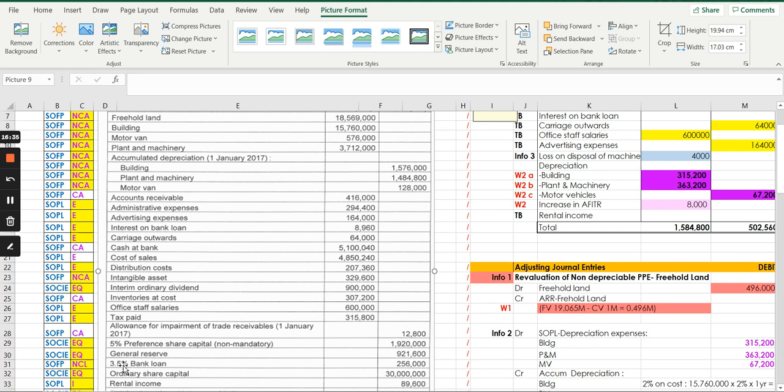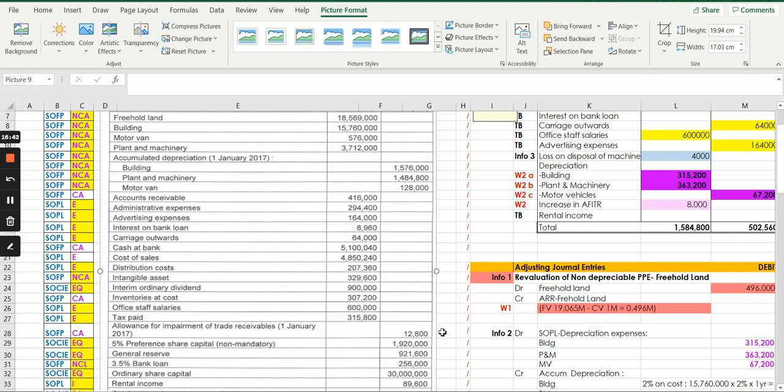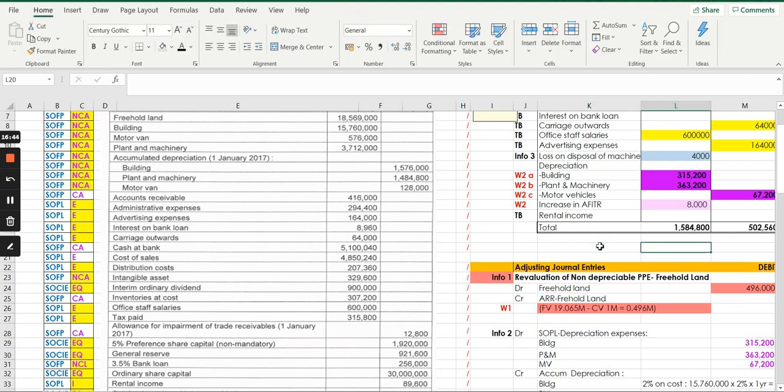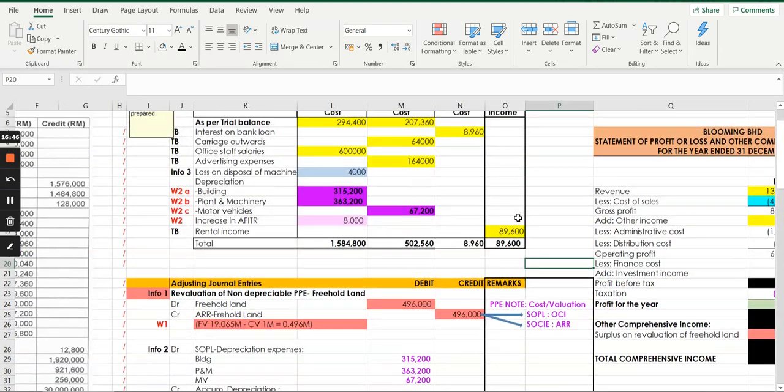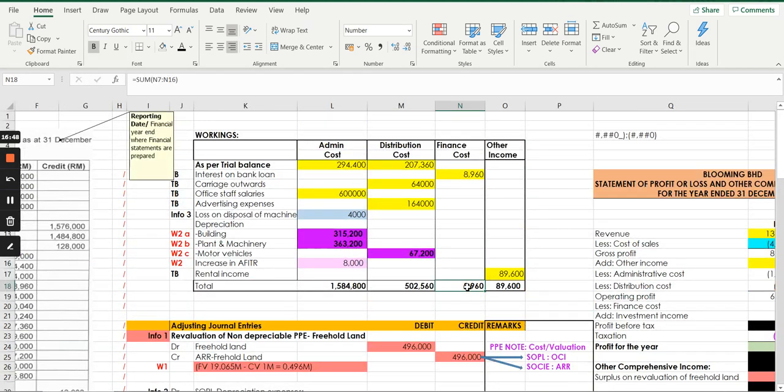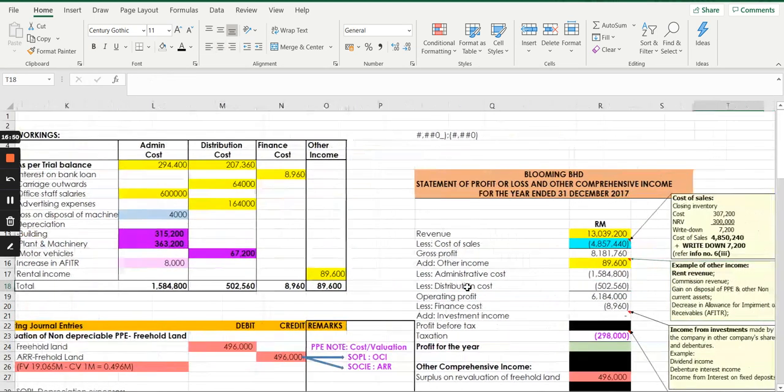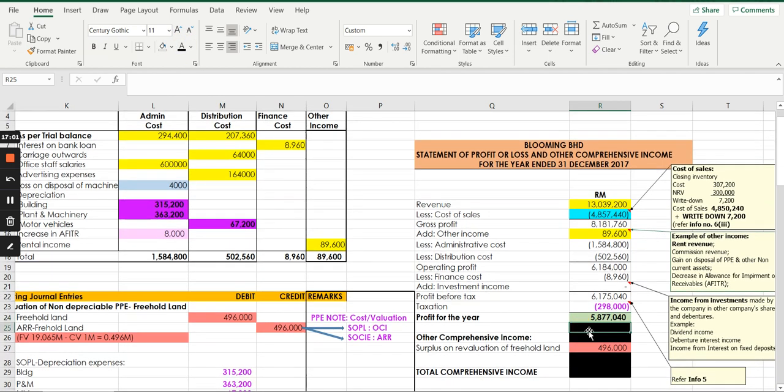The calculation is 3.5% times 256,000 times 1 year. So therefore, no adjustment. We'll now get the finance cost to be this figure, 8690. Put that here. There is no investment income, profit before tax, profit after tax, right? This is your other comprehensive income section.